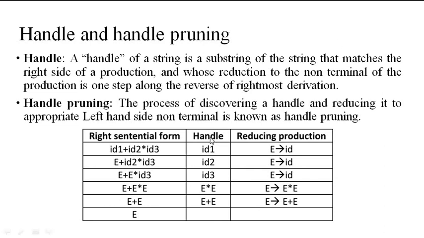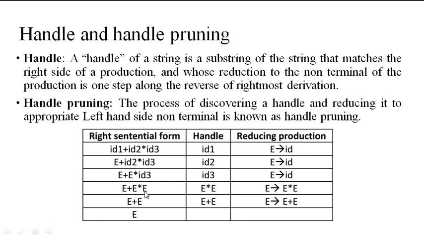So your handle is id1 and the reducing production is E gives id, so this id will be replaced by E. Next, the second handle is id2 and again the reducing production is E gives id, so id2 is replaced by E. Next handle is id3 and E gives id, so this id3 is replaced by E.